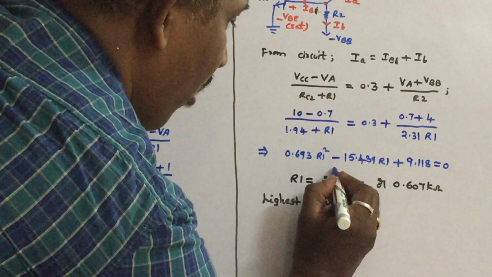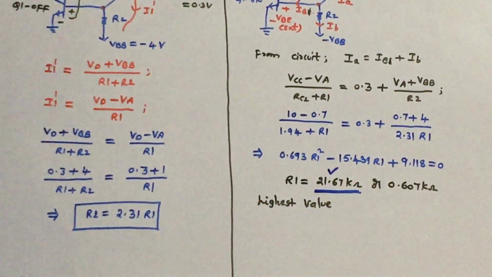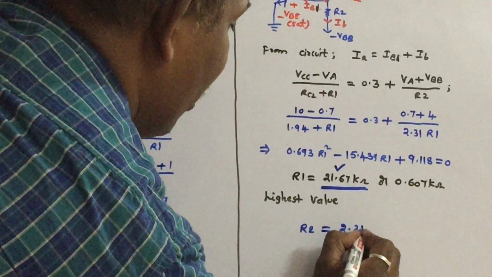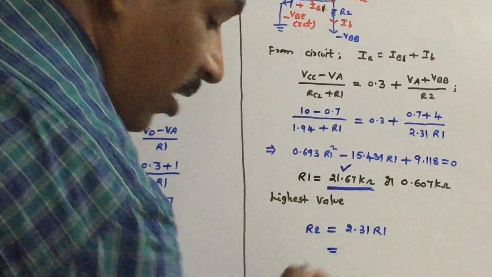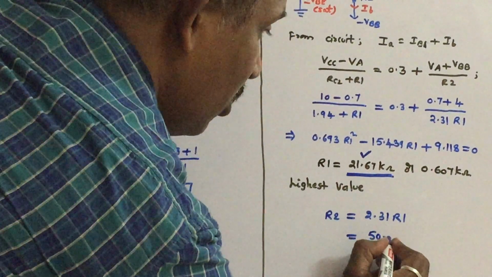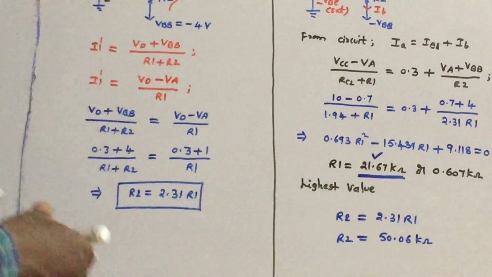So we take this value. So what is R2? R2 is 2.31 times R1. If you substitute R1, R2 will come out as 50.06 kilo ohms. So this is the R2 value.